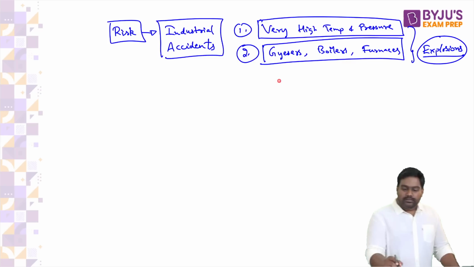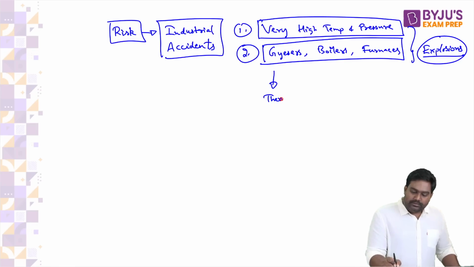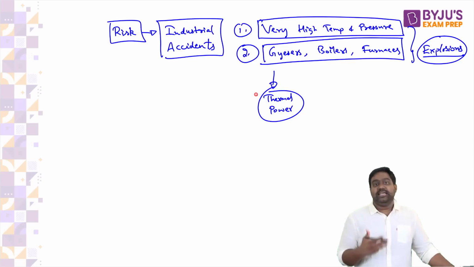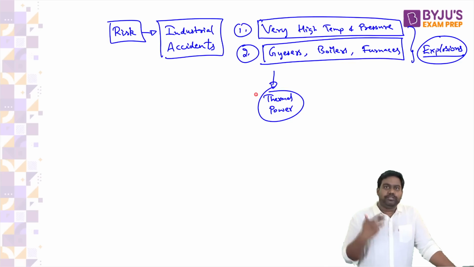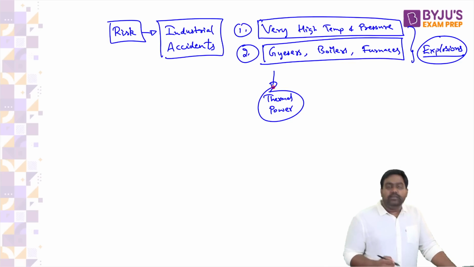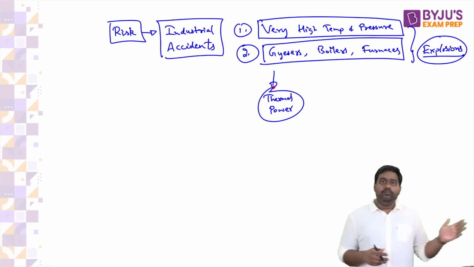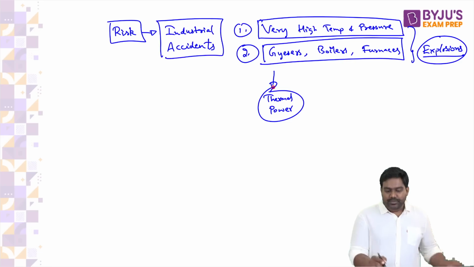All right. For example, thermal power industry, where coal is burnt to generate steam, which is at very high temperature, high pressure. These boilers or the furnaces could explode. The pipes might explode, killing several workers on site.